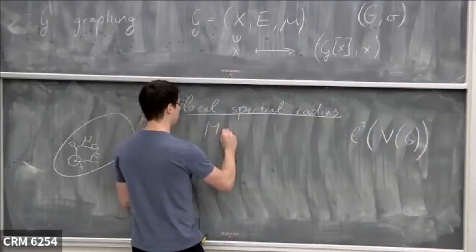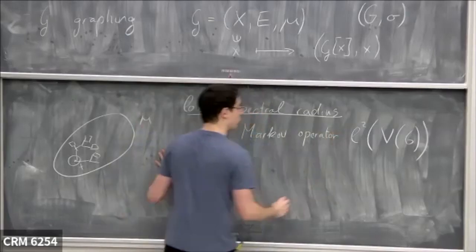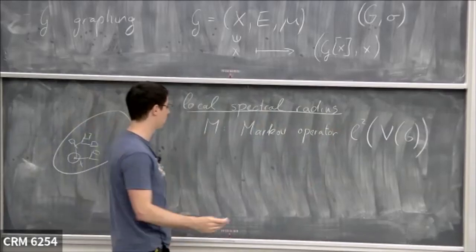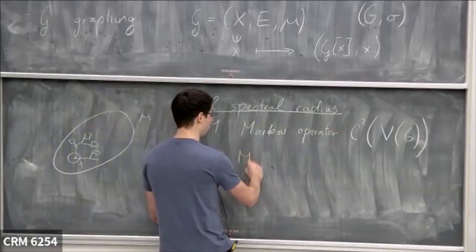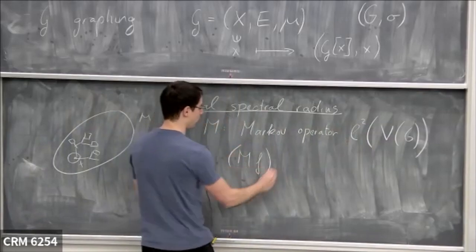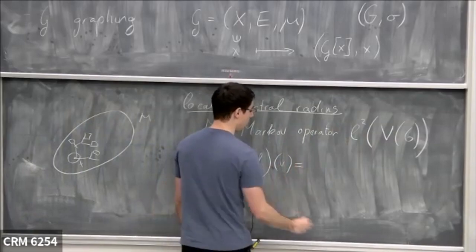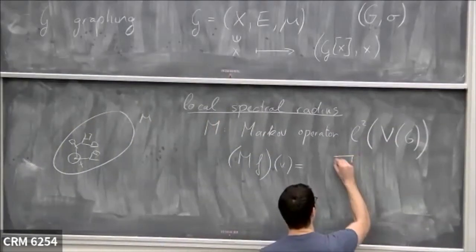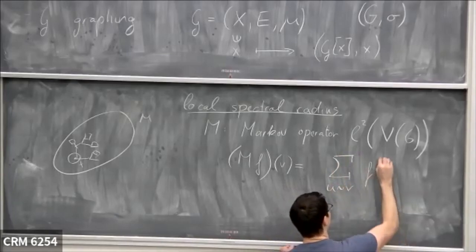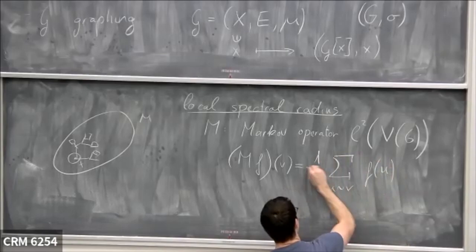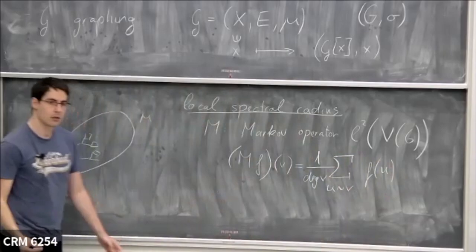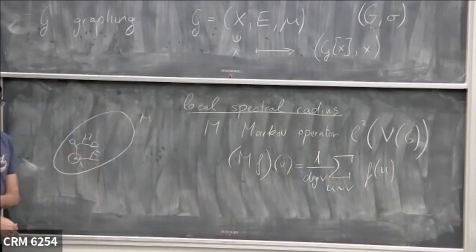So M will be my Markov operator. Markov operator simply stands for whatever the simple random walk does, but just to be on the safe side, this is what it does to a function on the L2 space. If I look at how it acts on F and evaluate at a vertex V, well, that will be just the average. I have to look at all neighbors of V, add up the values, and then in the end divide by the degree of the vertex V where I'm averaging. So this really just looks at the neighbors, takes in the values, and averages them.